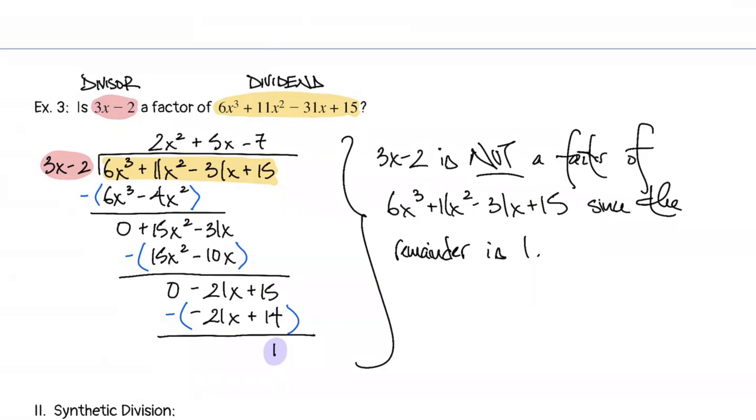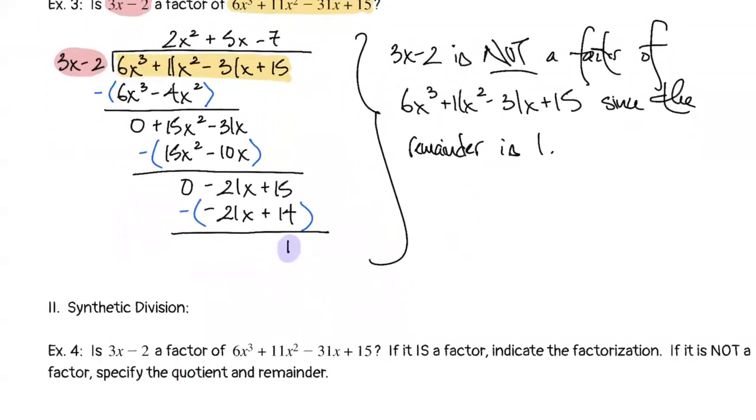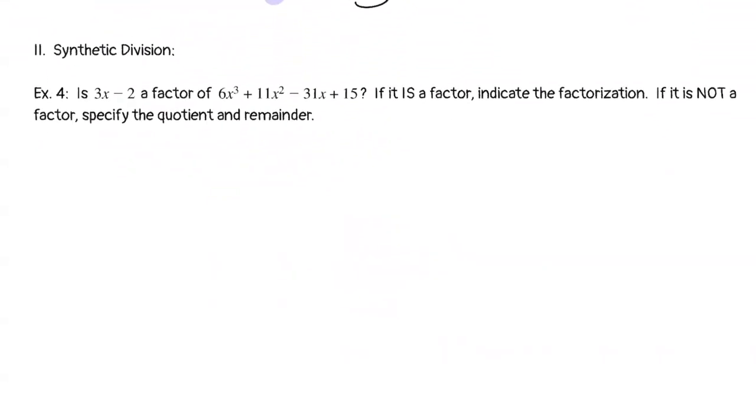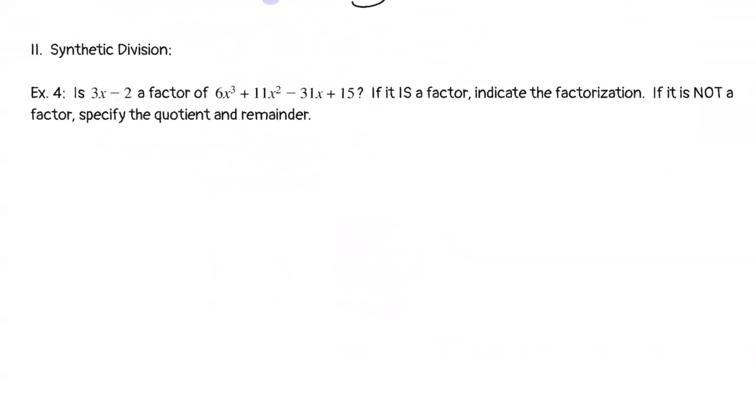All right. So like I said, long division is one way that we can do this. The other way that sometimes students find a little bit easier to look at, because there are not as many x's in here, is something called synthetic division. Let's look at another way that I can ask this same question.